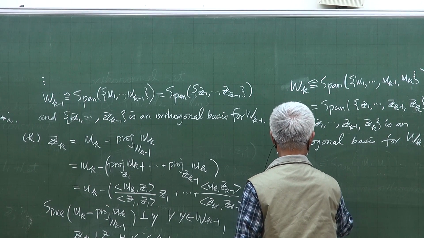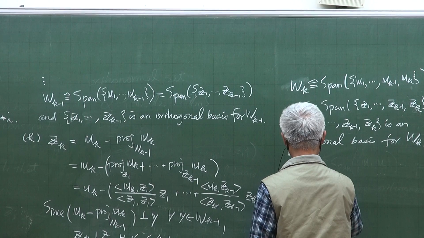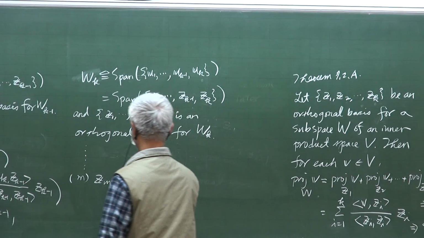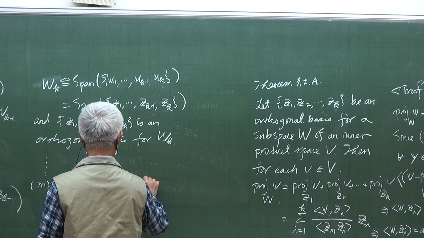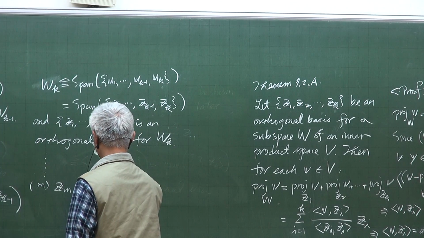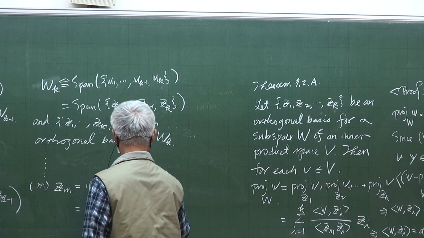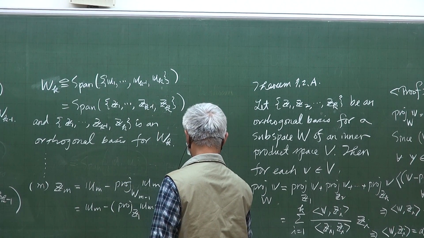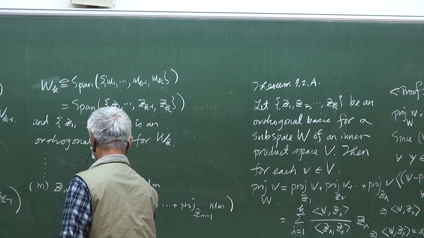So zm, the last member in the target orthogonal set, is um minus the projection of um onto W m minus 1.